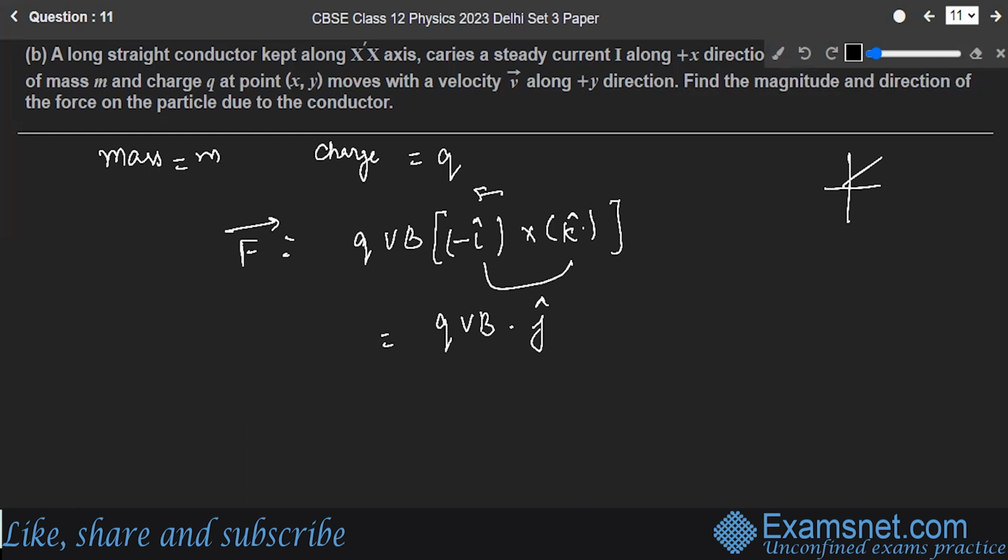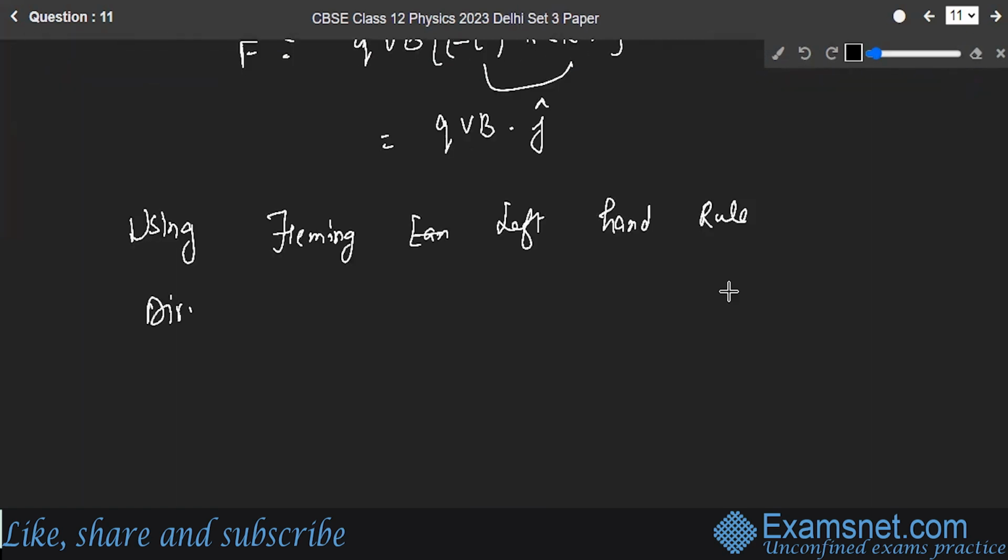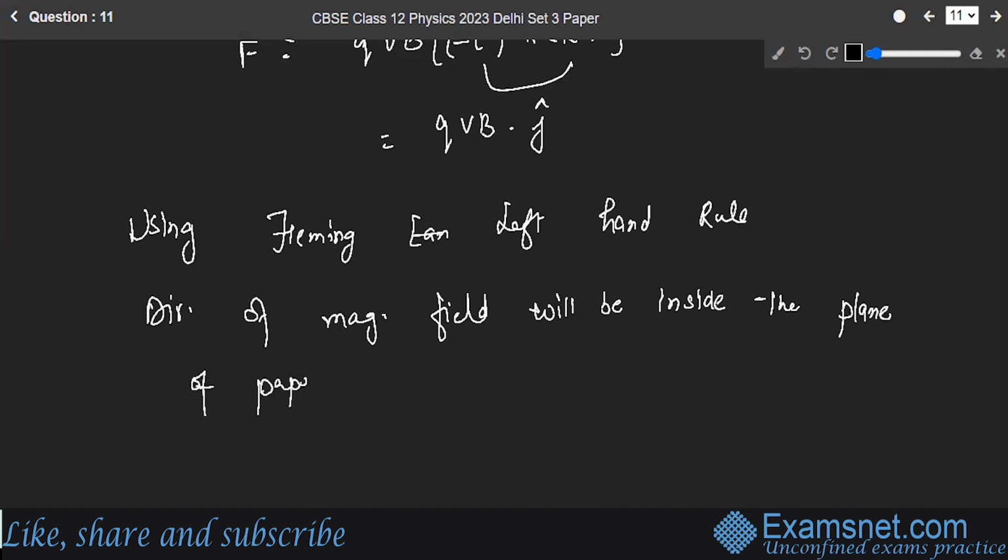Now using Fleming's left-hand rule, the direction of the magnetic field will be inside the plane of the paper.